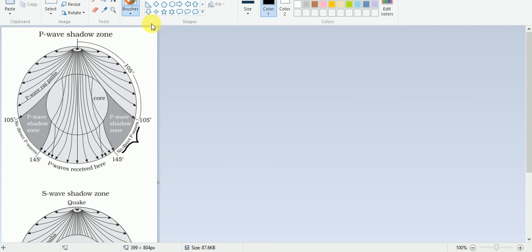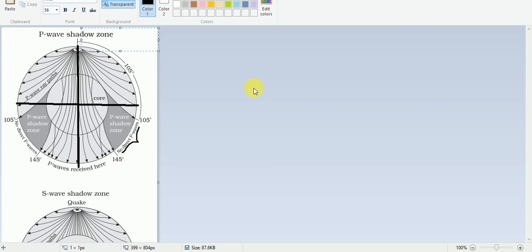See here how it is measured. Let us say this is a vertical plane, and here this is a horizontal plane.